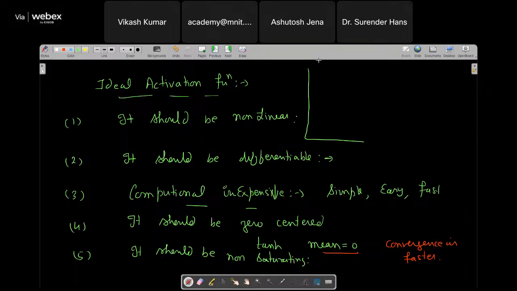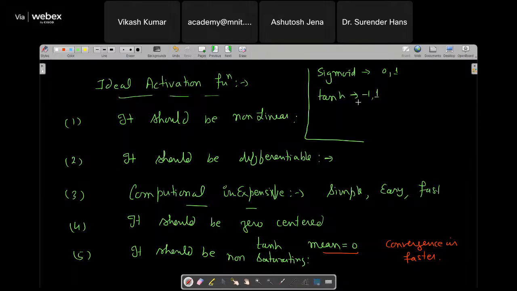Let me write here sigmoid, which I will explain through the mathematical representation of the sigmoid. Sigmoid is in between 0 to 1. Tanh is in between -1 to 1.